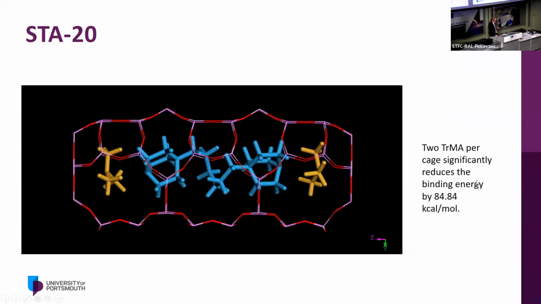Everything is too close. The binding energy plummets by 84 kilocalories per mole, and you can see the distortion of the C6 template in the middle there. So modeling suggests just one trimethylamine in here, alongside the C6 template.